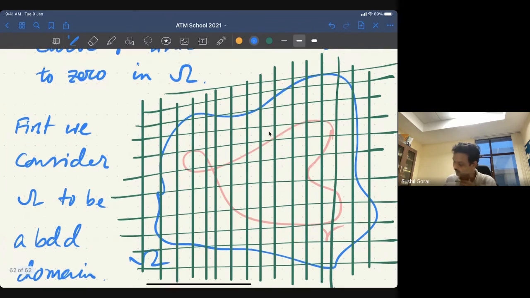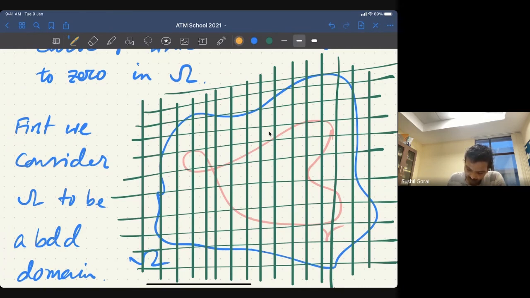So next, we will now look at the squares that completely lie in omega. Okay, so it is something like this. So look at this one.